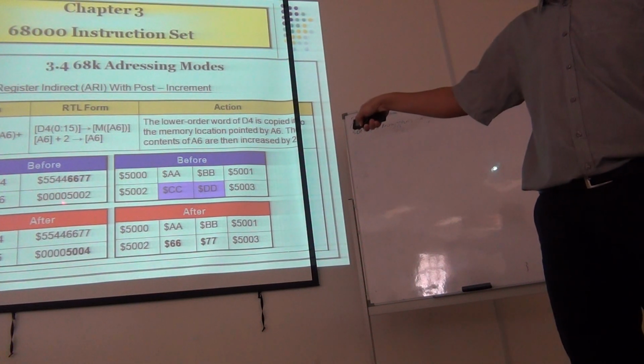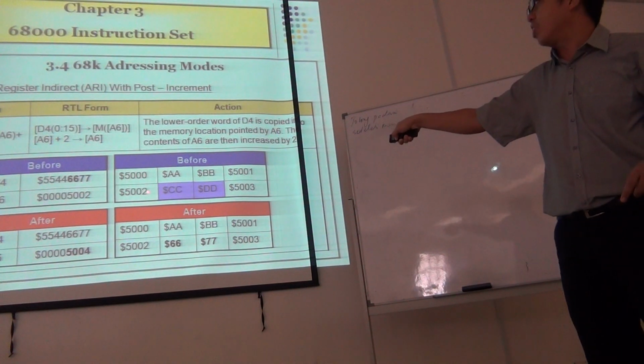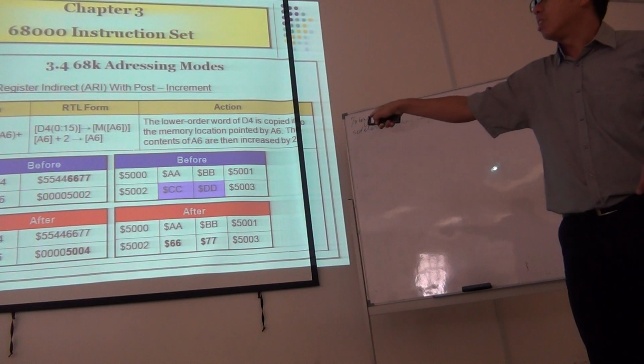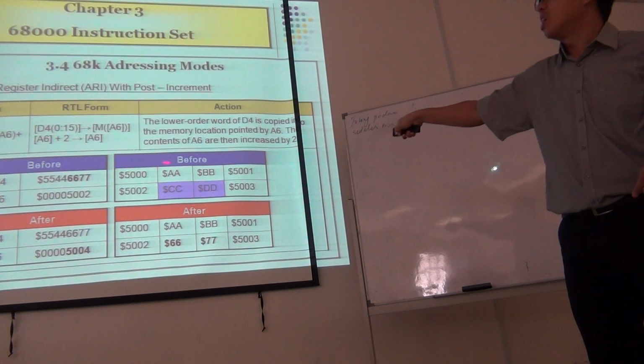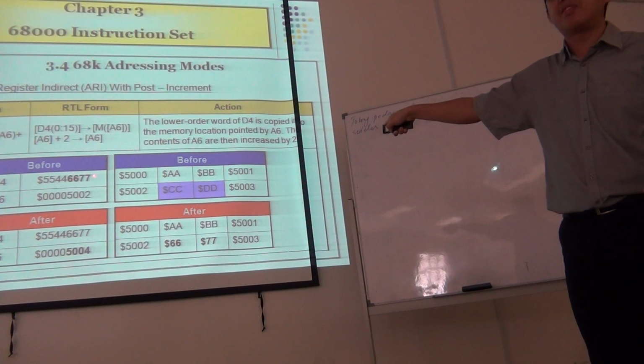A6 is given 5002, go to the location at 5002. You are going to erase it, right? D4 W is 6677. This is the original one. You are going to replace it for 5002 and 5003 with 66 and 77.